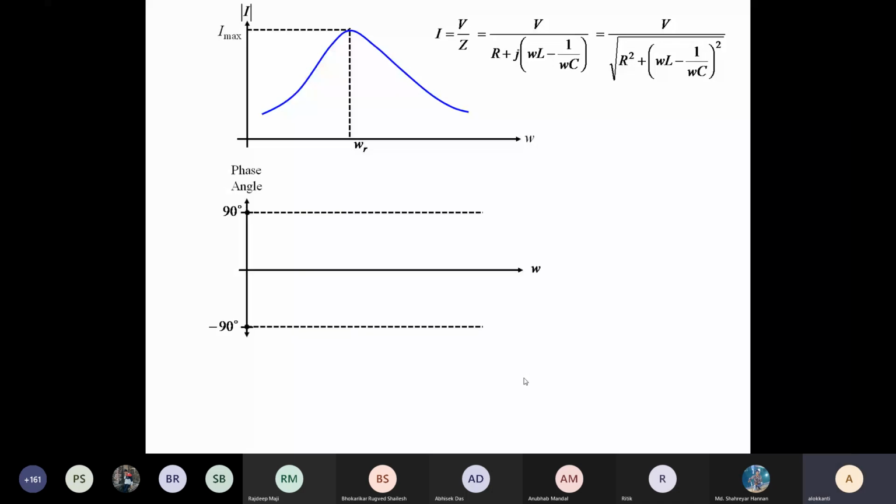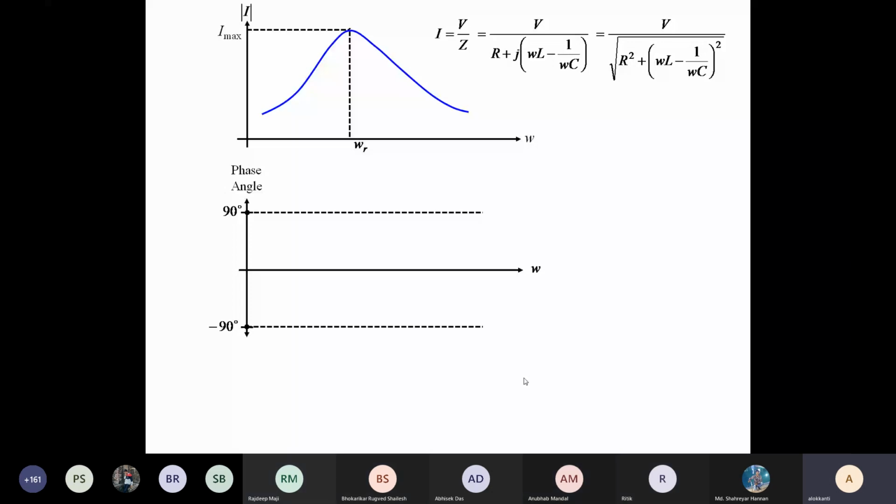Now, if you look into the phase offered by the impedance, Z equals R plus JX, and X is a combination of omega L and minus 1 by omega C. At lower values of omega, what was dominant? Capacitance was dominant.